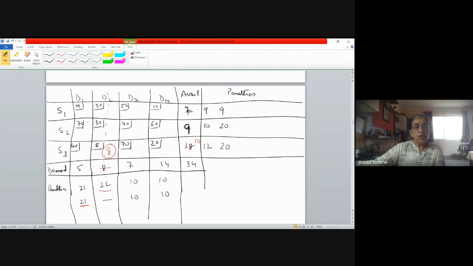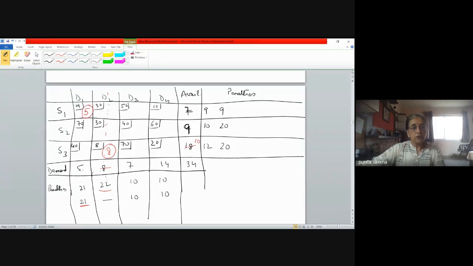In the first column, look for a cell that has the minimum cost, which happens to be 19 here. We make as many allocations as possible, which means the minimum of 7 and 5, which happens to be 5 in this case.